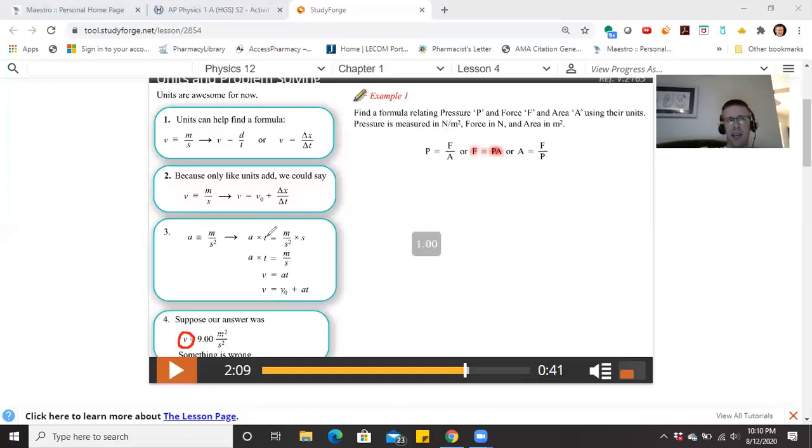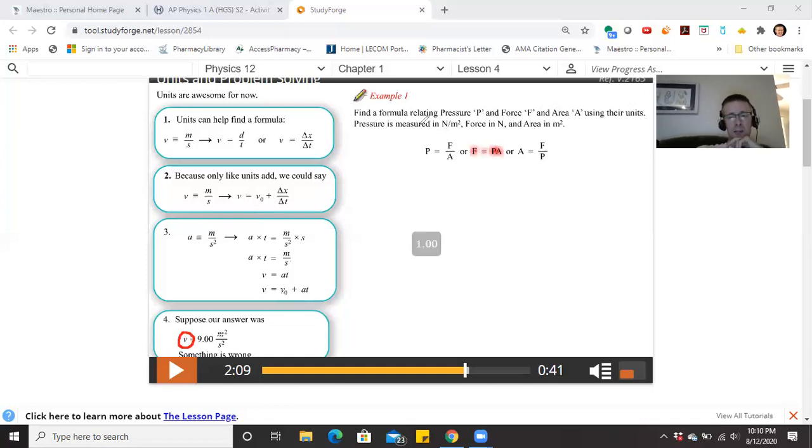I would encourage you to get in the habit of putting the units down on each individual step of the problem, because believe it or not, most mistakes happen in the middle of the math. So if you're keeping track of your units constantly throughout the process of solving a problem, you're more likely to end up with the correct units and therefore the correct answer at the end of the problem.